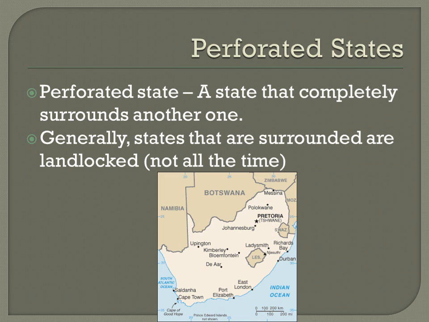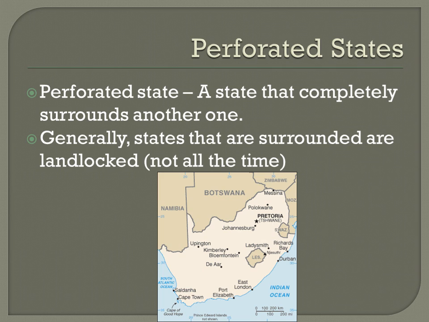What you see there is South Africa. South Africa is a perforated state. A lot of times students struggle with which one is perforated, the one that is surrounding or the one that is surrounded? So let's take a look. South Africa completely surrounds another state, and that is Lesotho. But if you're trying to decide whether Lesotho or South Africa is perforated, take a look at the shapes.